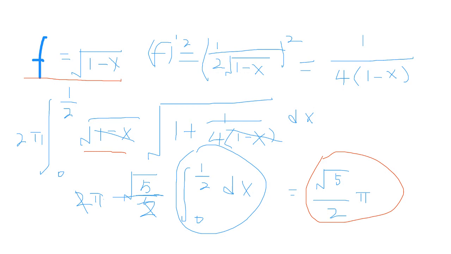Don't you have to do U substitution? Not really. Because you see the beautiful thing is this. You see when I multiply, so this and this all and this. Oh, I made a mistake. I made a mistake. I have 1 here.